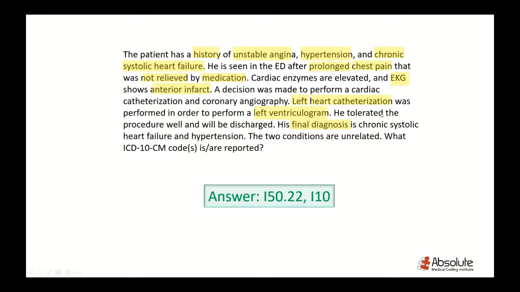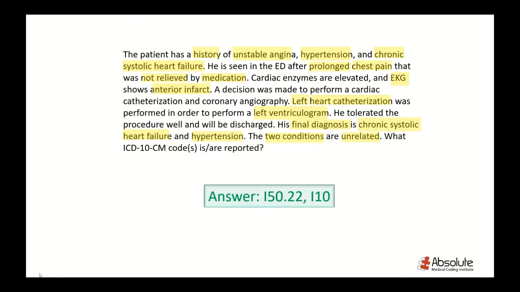And here is where it matters to all of us: the final diagnosis given is chronic systolic heart failure and hypertension. And here is the deal breaker: the two conditions are unrelated. You are really good in this one because you got that it's unrelated.